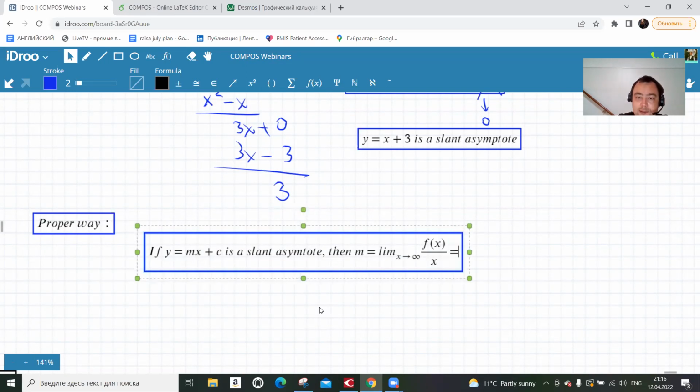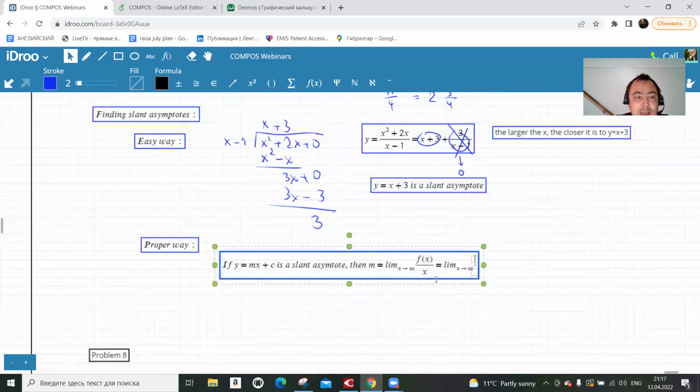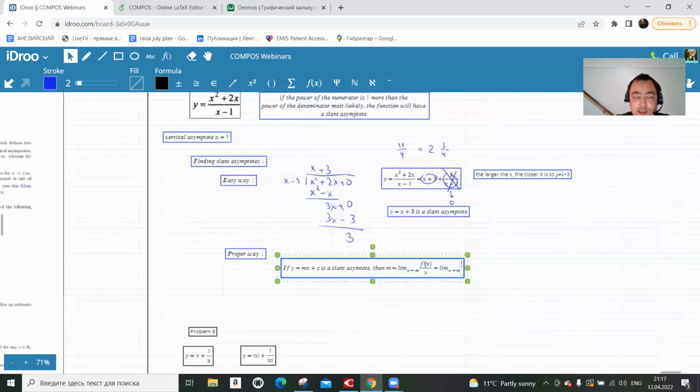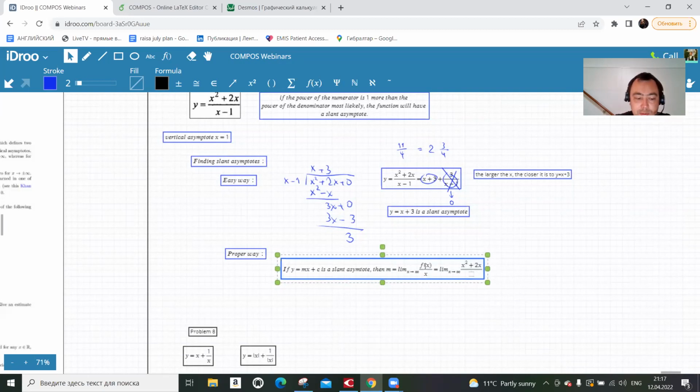Okay, so let's see. Limit as x tends to infinity of the function f of x divided by x. So we do x squared plus 2x divided by x minus 1 times x.